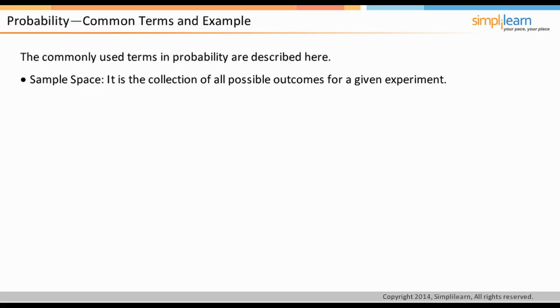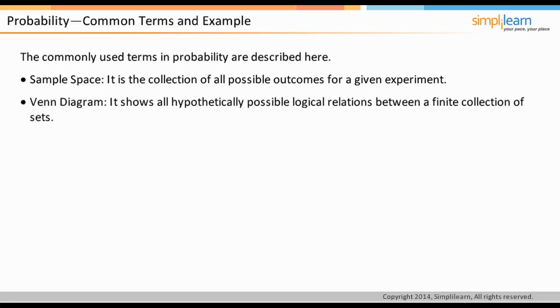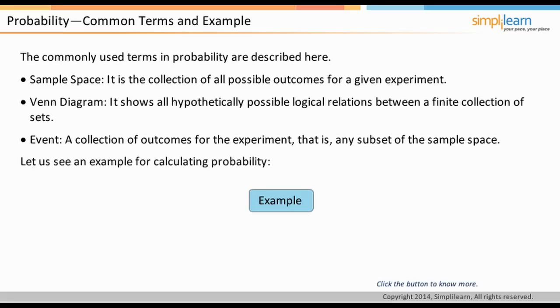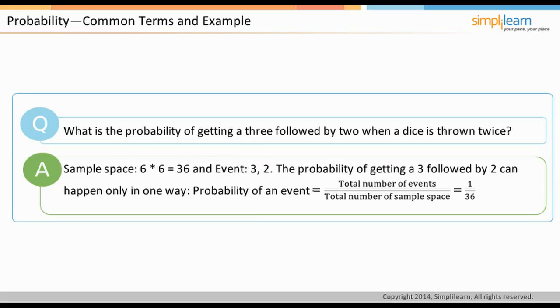If 2 coins are tossed, the sample space would be 4 in total. A Venn diagram shows all hypothetically possible logical relations between a finite collection of sets. An event is a collection of outcomes for an experiment, which is any subset of the sample space. Click the button to view an example of probability.